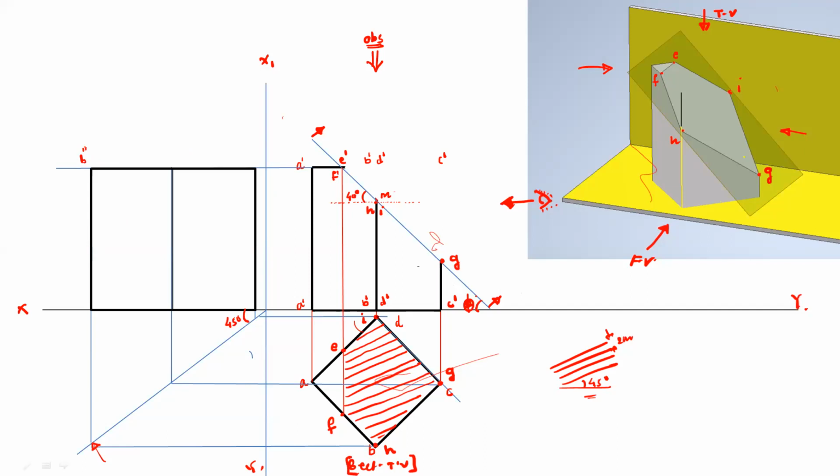Then this is the projector from the point D. So this is D double dash. And here we have the points A and C. So this is A double dash, C double dash, and this is A double dash and C double dash.